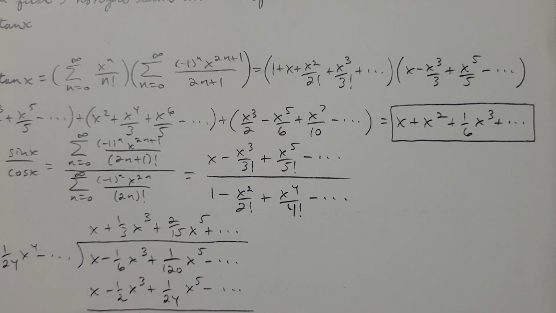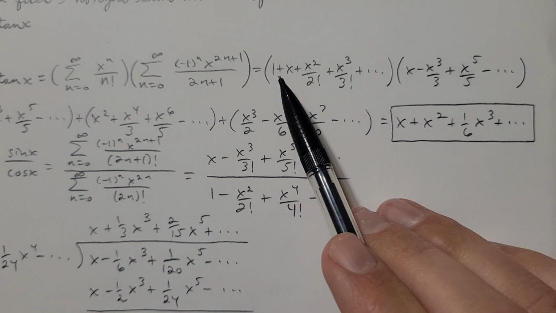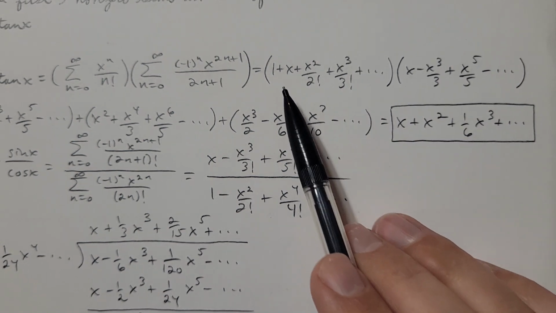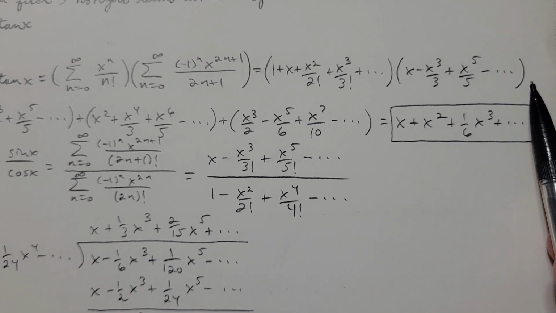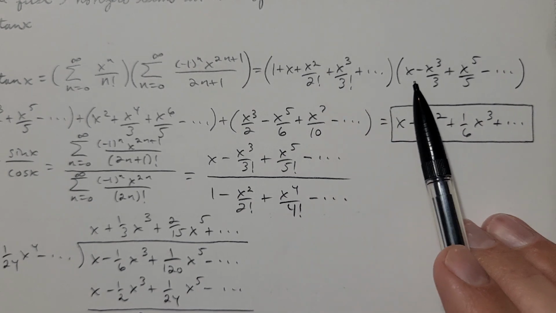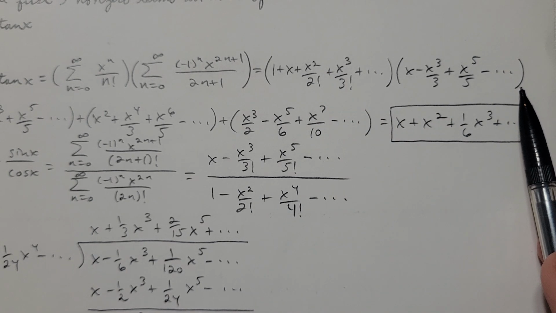So when I begin that, I'm going to take 1 times all this plus x times all this plus x squared divided by 2 factorial times all this plus x cubed divided by 3 factorial times all this, right?